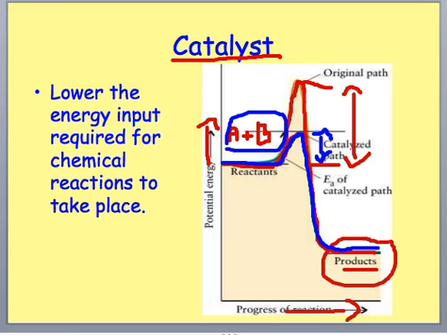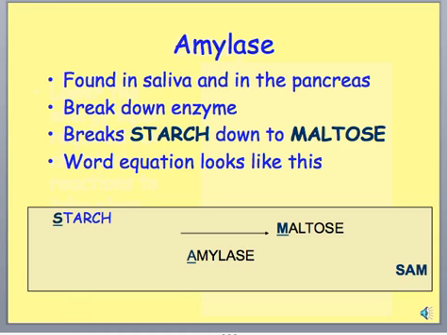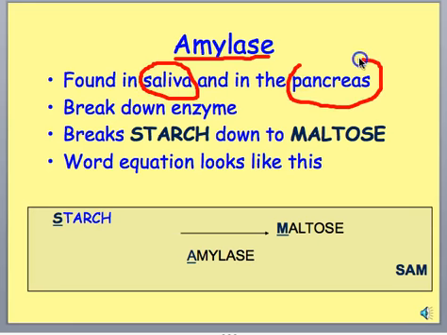Now, we'll just have a wee look at an example of an enzyme that is found in your cells. This enzyme here is called amylase. Amylase is found in your saliva, and it's also produced by an organ, your pancreas.